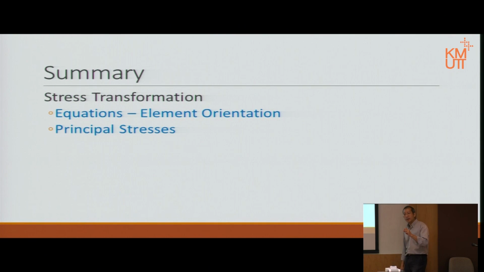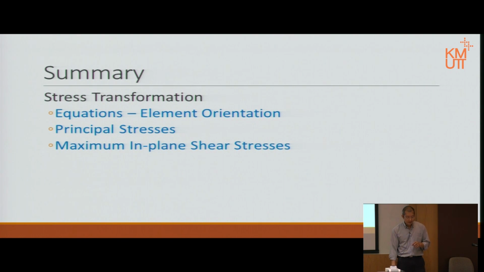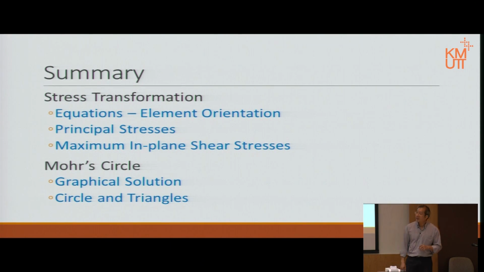Therefore we find the maximum and minimum normal stress, which we call principal stresses. We also find the maximum in-plane shear stresses, of course with their orientation. We also said that rather than using hardcore substitution, we're going to use the graphical solution, the technique of Mohr circle.